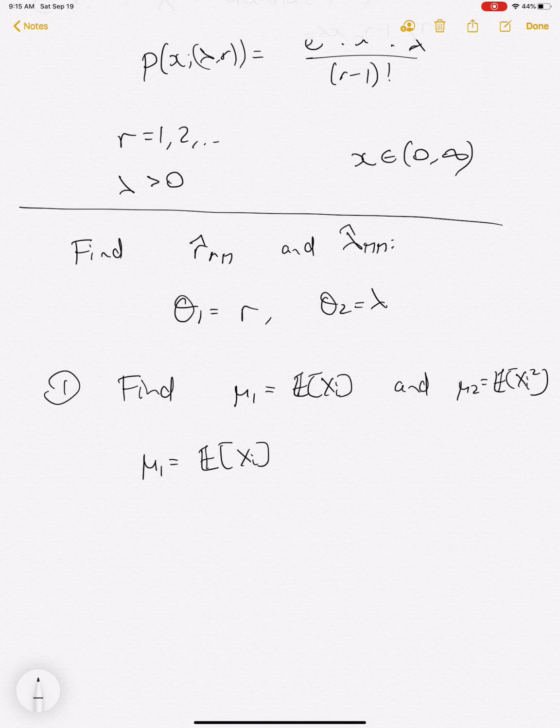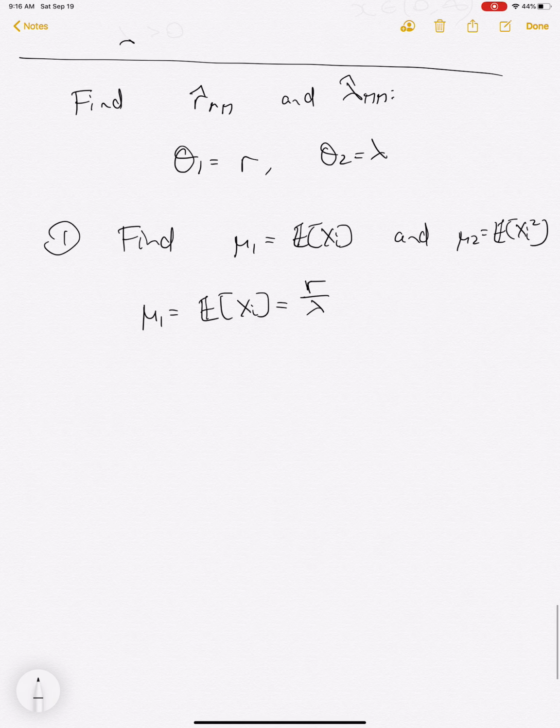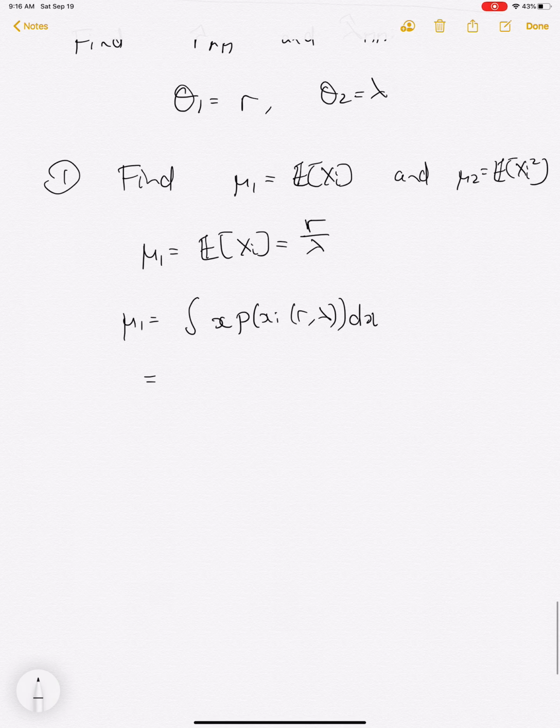The calculation is also not too difficult to do, but it's going to be r over lambda. I'm going to just show you how it's done quickly, just so that you can see this being done once. So the range is 0 to infinity here.